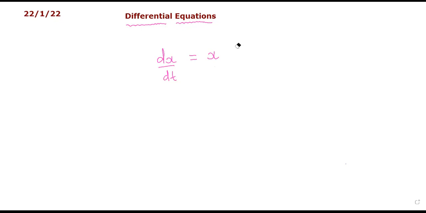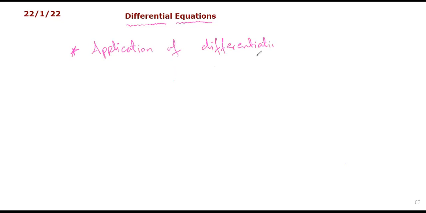So far you have been differentiating complicated functions, but this time you will see that differential equations basically is an application of differentiation. Now this is a very important thing, right? It is an application of differentiation.